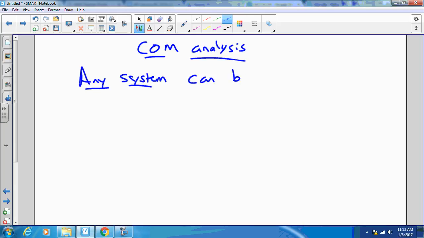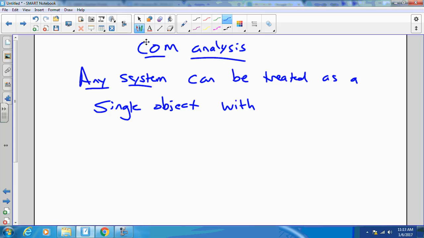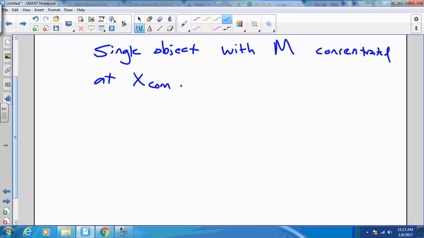Any system can be treated as a single object with the total mass concentrated at the center of mass. Now let me show you what I mean by this.